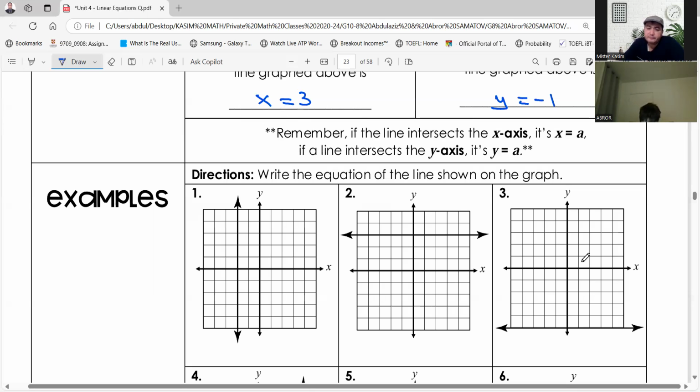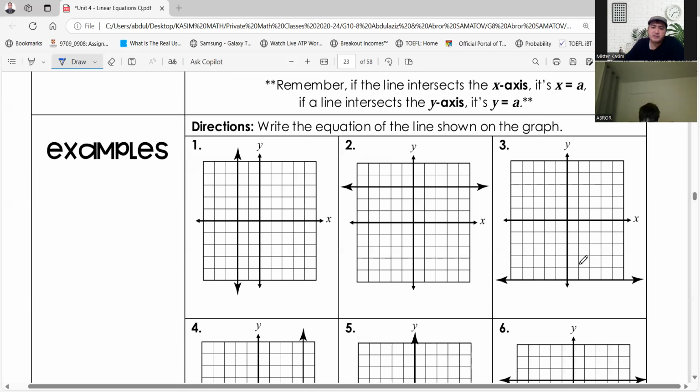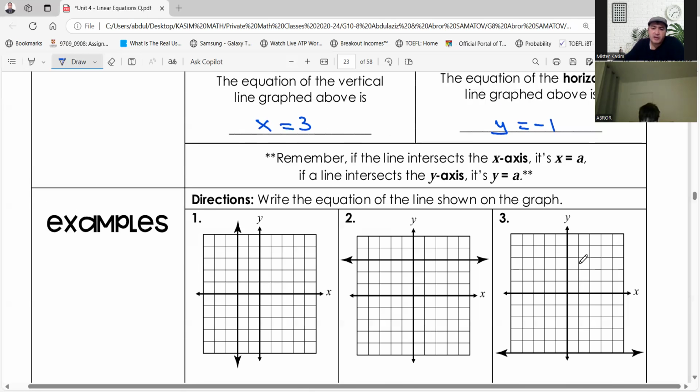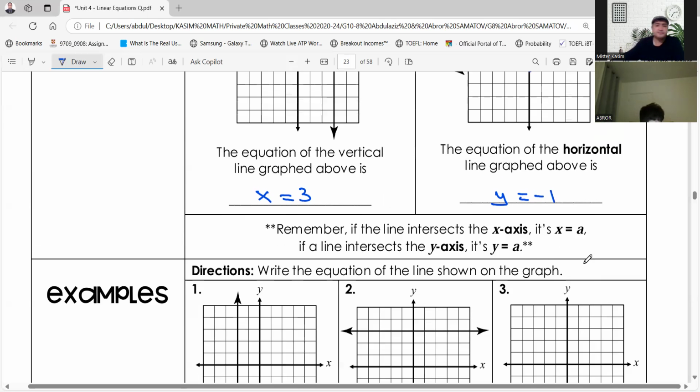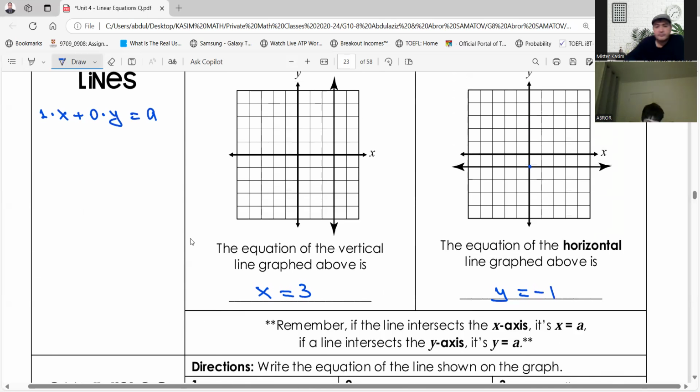Now let's practice these questions. And also, if you remember, Abror, what is the slope of a horizontal line? The slope of the horizontal line is 0. Do you remember, at the beginning, we actually studied this.